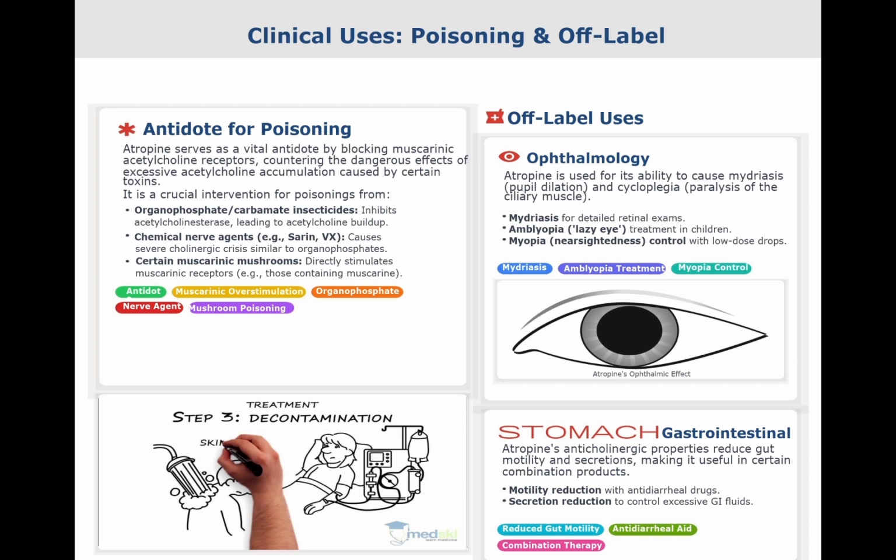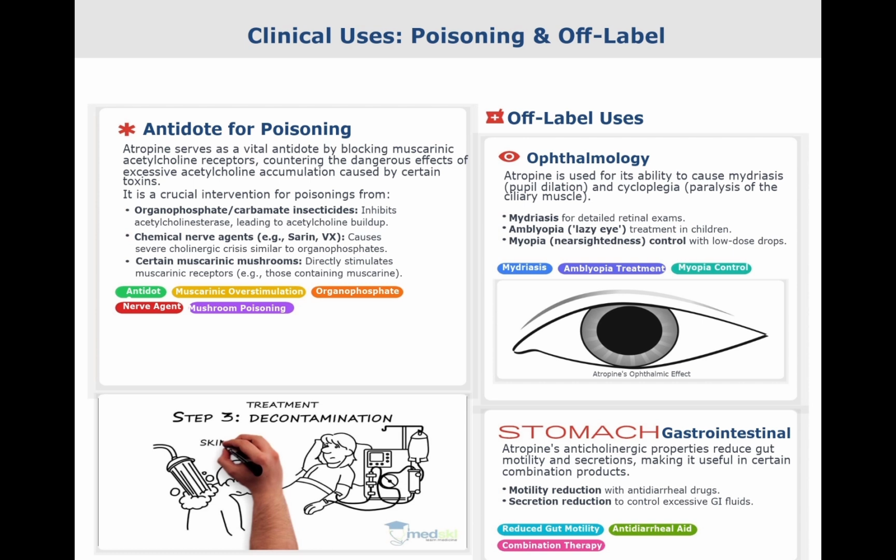These toxins inhibit acetylcholinesterase, leading to dangerous accumulation of acetylcholine and severe cholinergic crisis. Atropine directly antagonizes the muscarinic effects of this acetylcholine excess, alleviating symptoms such as bronchospasm, excessive secretions, bradycardia, and gastrointestinal hypermotility. It's also effective for poisoning from certain muscarinic mushrooms.